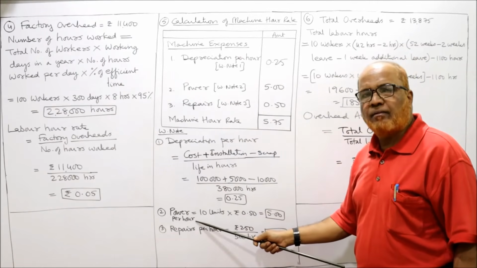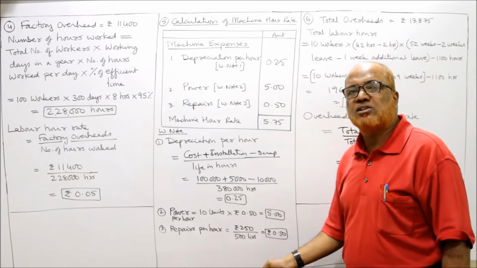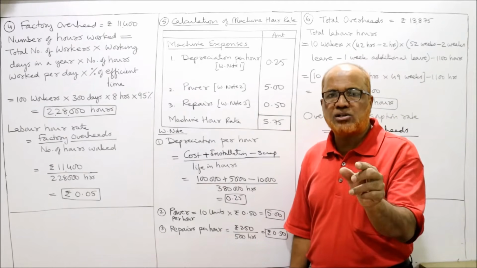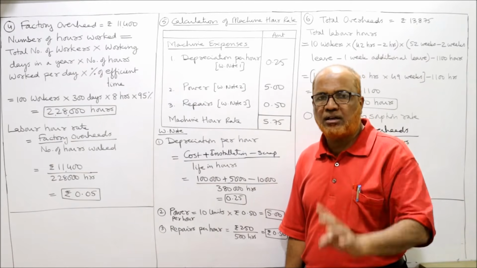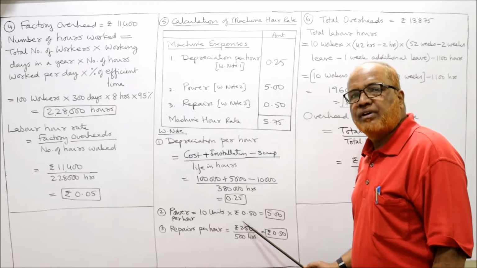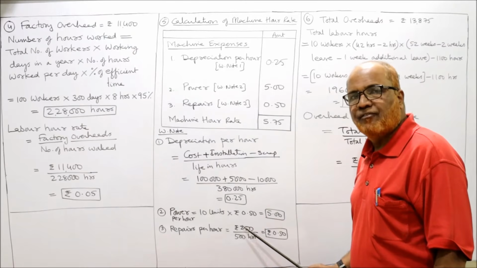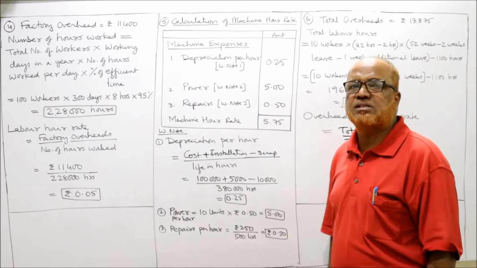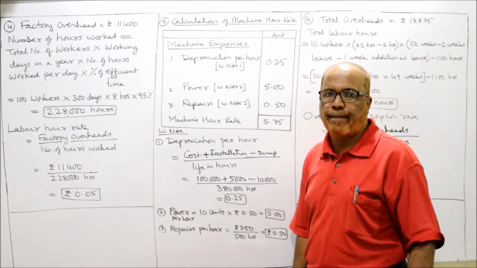It is given in the problem that 10 units of power will be consumed in 1 hour. What is the rate of the power? 50 paise per unit. So 10 into 50 paise, 5 rupees is the power consumption for 1 hour.